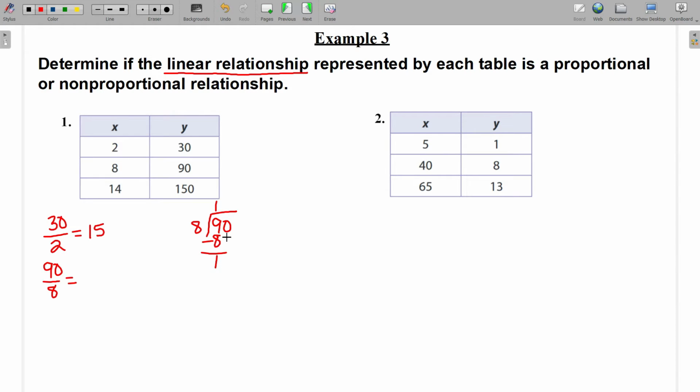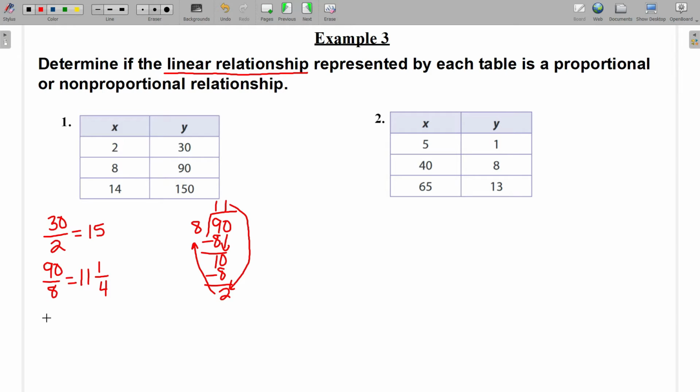I'm going to get 1 up here, and I'm going to bring down my 0. Now 8 will go into 10 one time. So 8 times 1 gives me 8. 10 minus 8 will give me 2. Now when I go to read this, I'm going to start at the top. I'm going to say this is 11 and 2/8, which I can then simplify down to 11 and 1/4. So 90 divided by 8 is going to be 11 and 1/4.